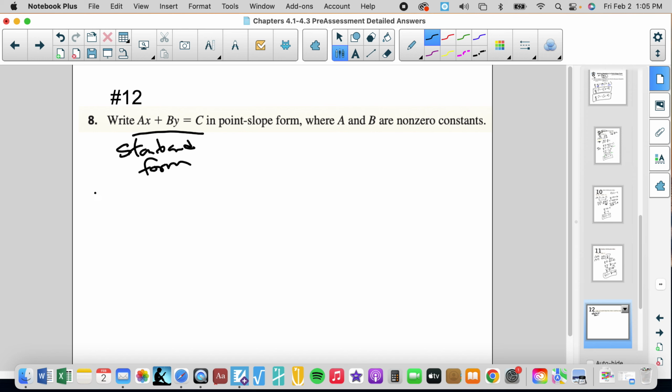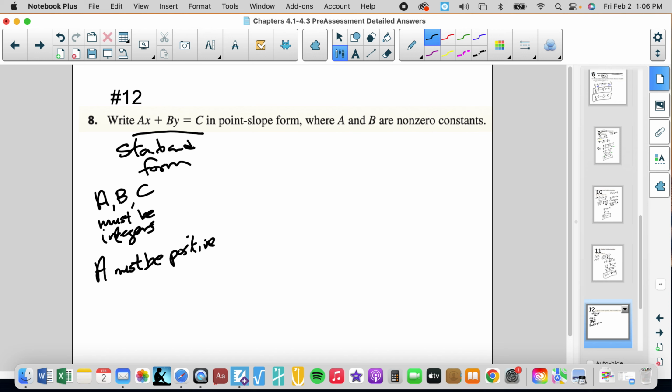Things we have to remember: A, B, and C must be integers, whole numbers and their opposites, and A must be positive. These are stipulations. That's not to say that books won't give it to you in a different way, but that's understood if you're going to give an answer in standard form.